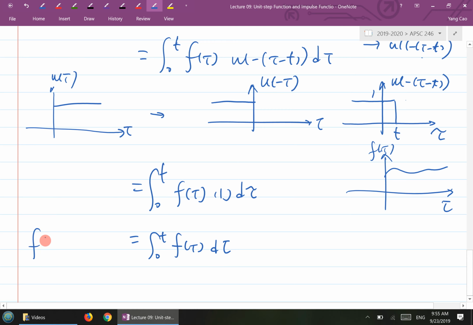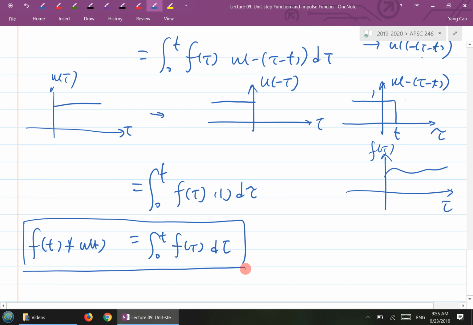So your convolution of any causal function with the unit step function ends up with just the integral of this function from 0 to t.